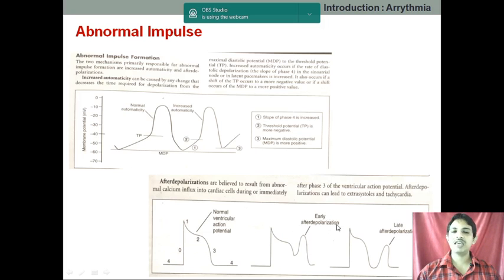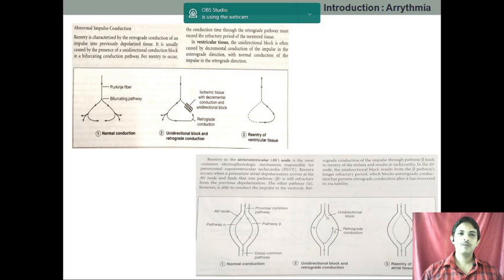One is early afterdepolarization, that means it starts before the ending of phase 3, and late afterdepolarization, which starts just after finishing phase 3. In both cases, either early or late afterdepolarization, it is again responsible for the abnormal impulse.